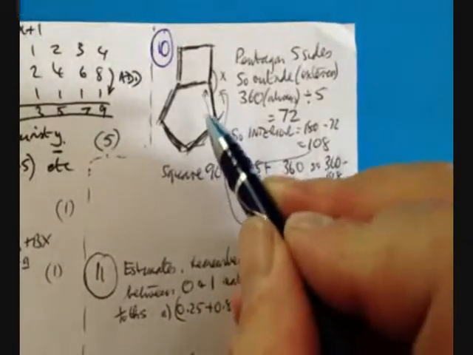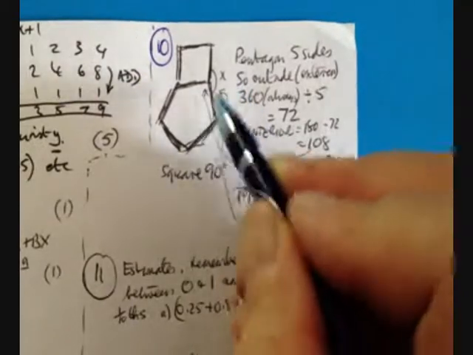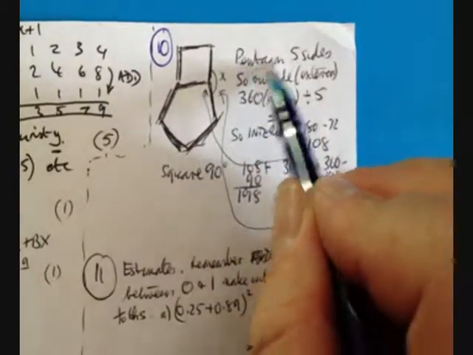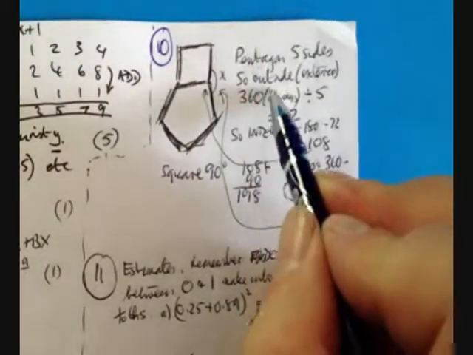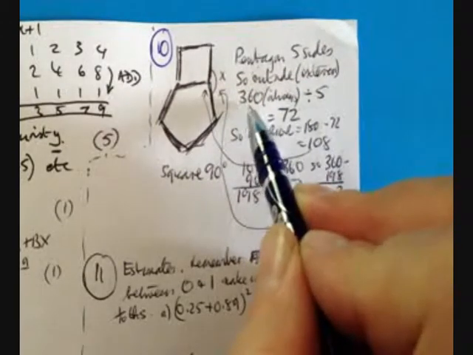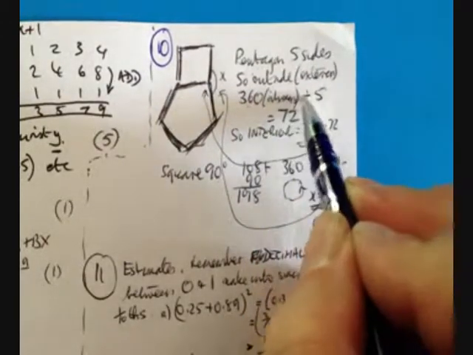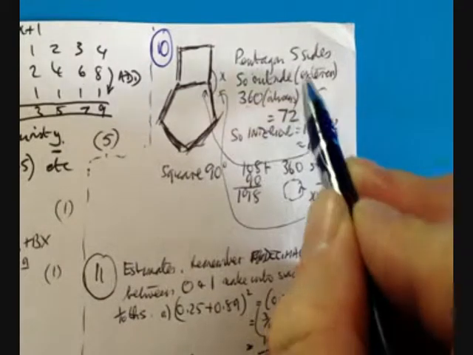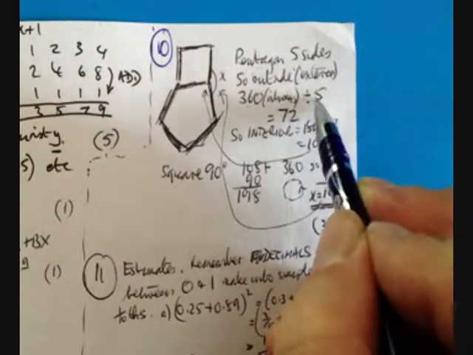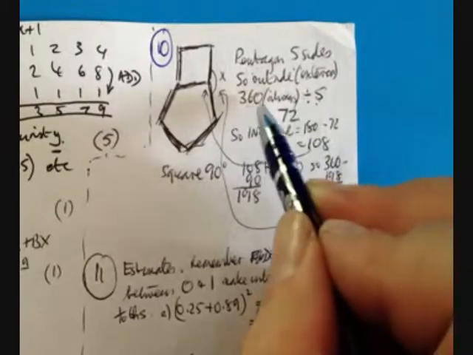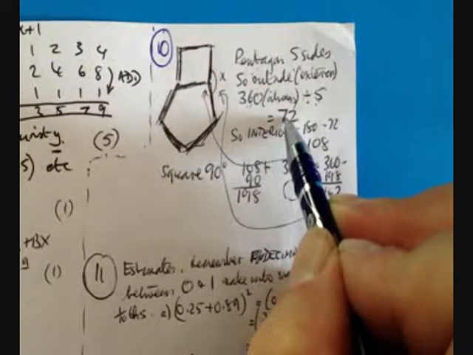Okay, on to the other bit of geometry now. No angles mentioned at all, but they tell us we've got a pentagon of 5 sides. So the exterior angle is always 360 divided by that number. 5 sides would be 5, 6 sides would be 6, and so on. So 5s into 360 go 72.